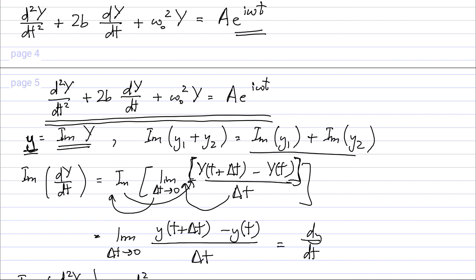Why is this equation easy to solve for capital Y? Because the driving term is of exponential form, and I know how to deal with the non-homogeneous term being of this form. C, remember, can be complex, and here the role of k is being played by capital A, and c is simply i omega. Of course, the role of x over here is being played by t.